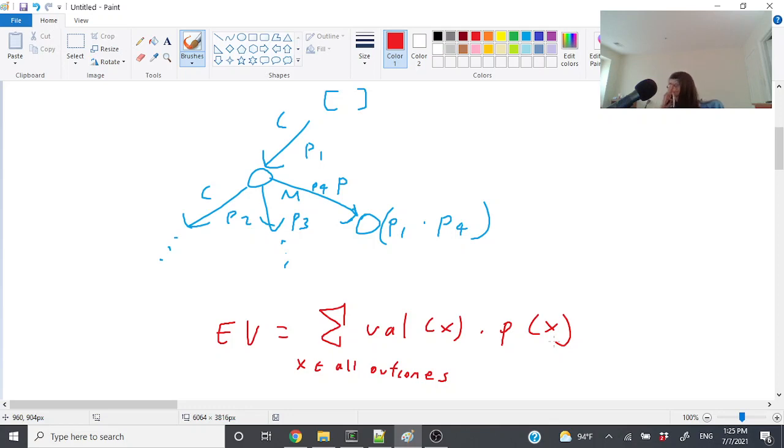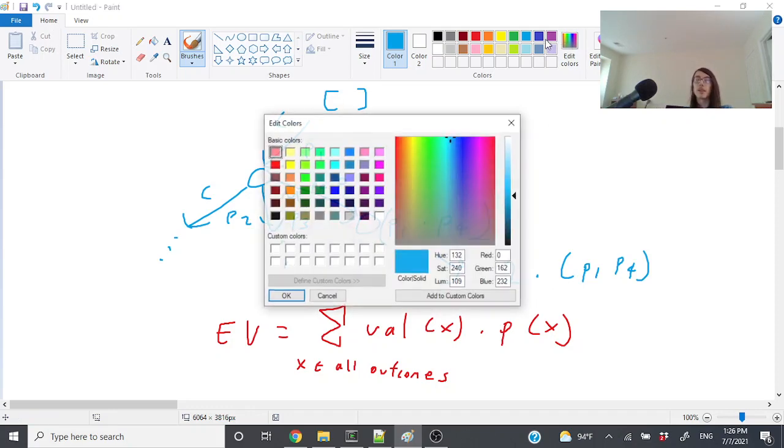It's 3 times 0.1. It's just a formula, that's just what it's defined as. So here, how much does this contribute to the expected value? It has a sequence of length 2, and the probability of getting here is this, so the contribution is 2 times P1 times P4. That's basically how we do the computations.